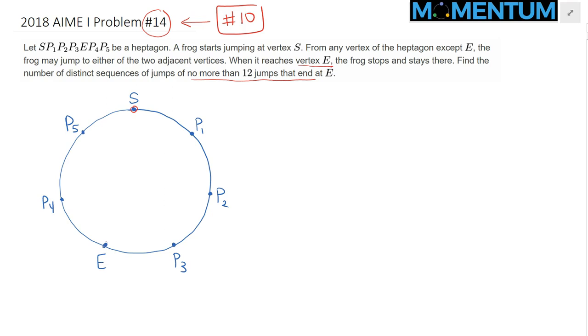Like we did in problem number 10, if you want to be on vertex S at time t, the only way is if at time t minus 1 you were in vertex P5 or vertex P1.